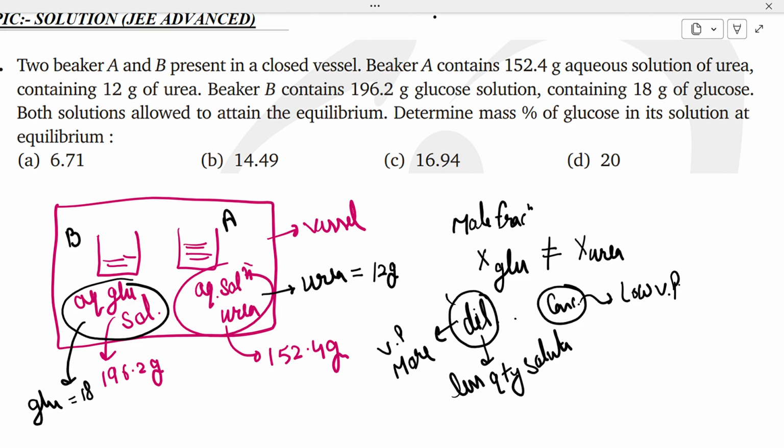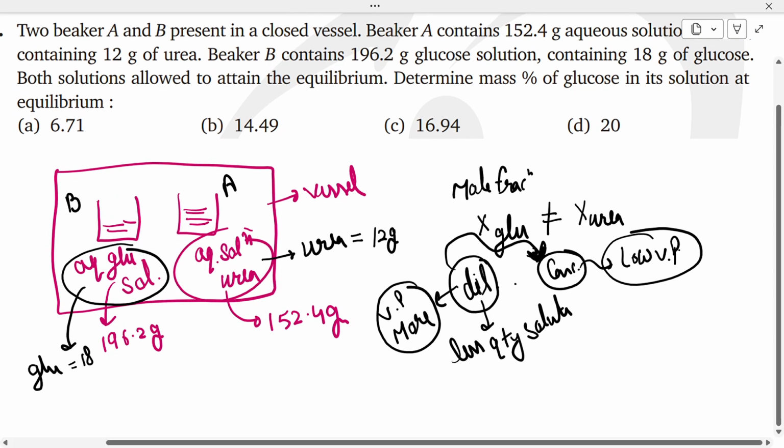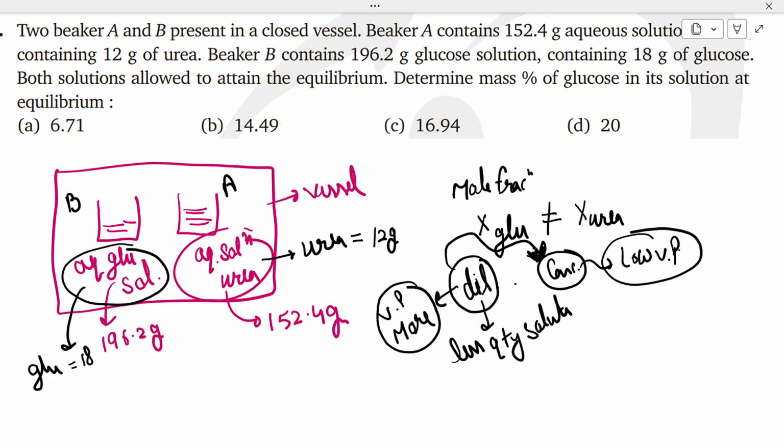has low vapor pressure. After some time water vapors will go from the solution which has higher vapor pressure to the solution which has lower vapor pressure. Some moles of water will transfer this way, and this process continues till equilibrium is reached, where the mole fraction of glucose and the mole fraction of urea will be similar.